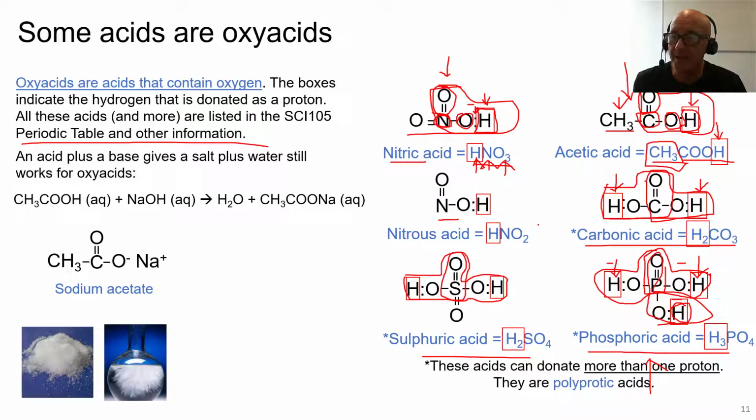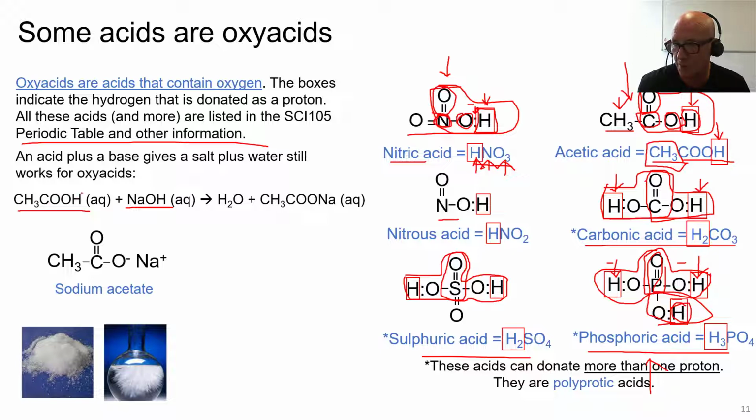Now, even though oxyacids are a little bit different to the binary acids that we just looked at, they do the same kind of thing that any acid does. That is, they'll react with a base, and when it comes to hydroxide bases like this one here, sodium hydroxide, which by the way is a common component in stuff like drain cleaner, sodium hydroxide here plus this acid, this one's acetic acid.